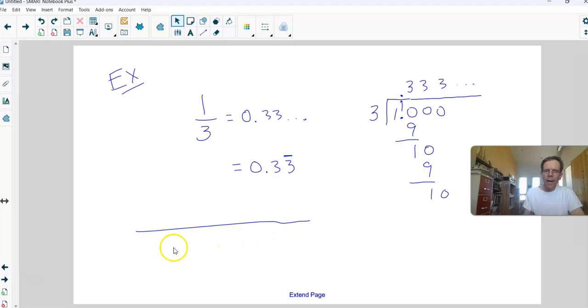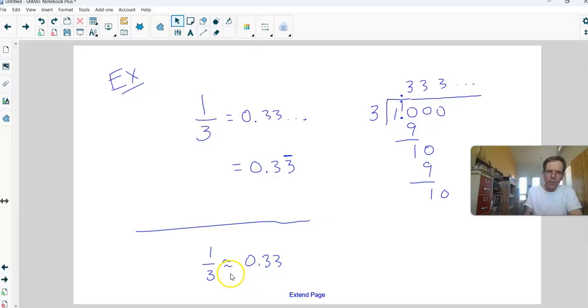We might round 1/3 to something like 0.33, but we have to remember that this 0.33 is not exact. If we're not including all the other 3s, then there's an infinite number of them, so this 1/3 is just approximated by 0.33.